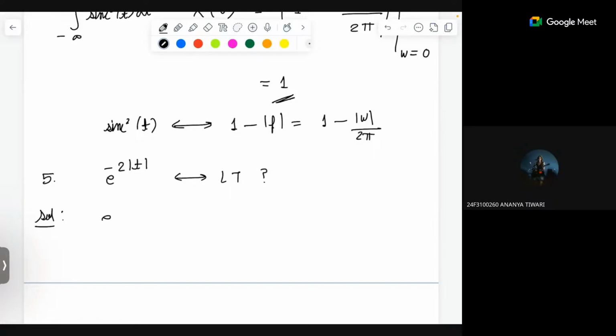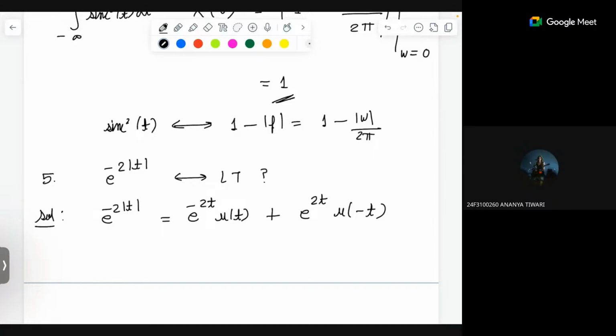Okay, so now let us break down this modulus. What will I have? e raised to the power of minus 2t, when t is greater than 0, it will be as it is, so I can write u of t. Then when t is less than 0, it will become e to the 2t and it will be u of minus t. Is this clear?